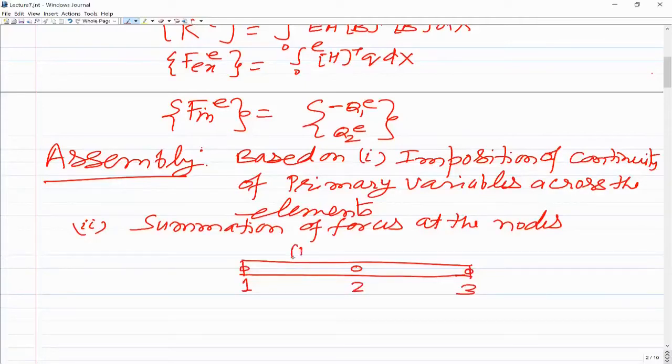The element numbers are, this is element number 1, this is element number 2, and let us say the length of each element is small l. As I said, the quantities which I have written inside the circles are element numbers.